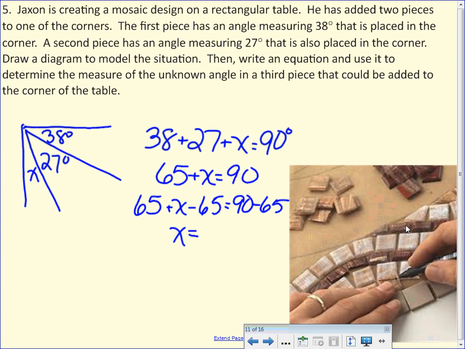X equals, what's 90 minus 65? Any questions on that? Okay.